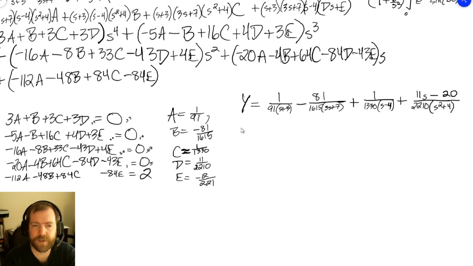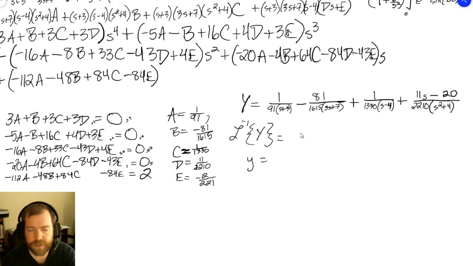When we get all this, then we have to do the inverse Laplace transform of y, which is just going to get us y. Then we're going to take the inverse Laplace transform of each of these pieces. Now again, this is a linear operator, so we can take out the constant multiple here and make this 1 over 91 times the inverse Laplace of 1 over s plus 3.